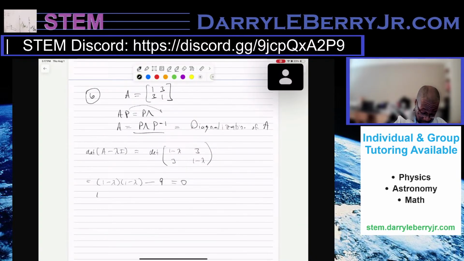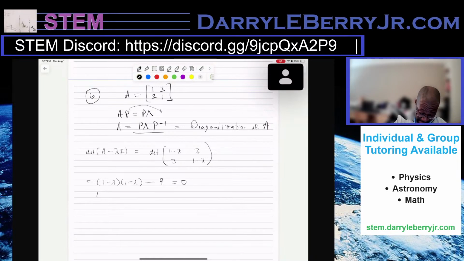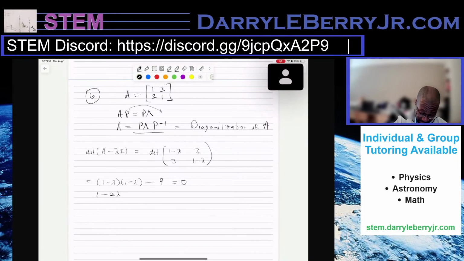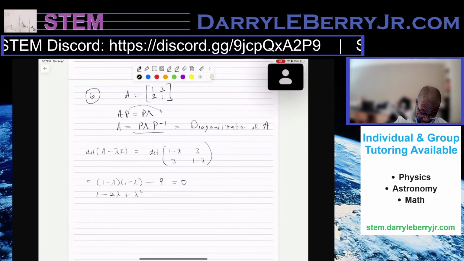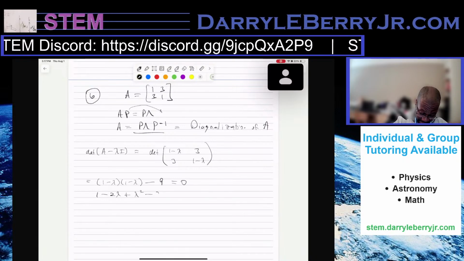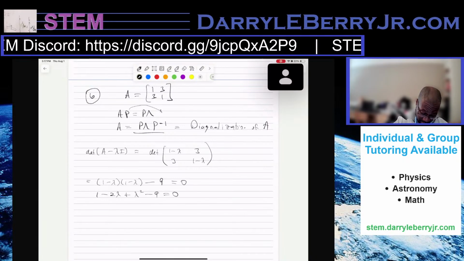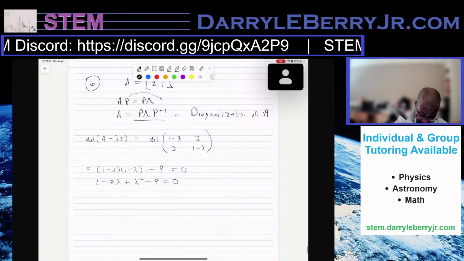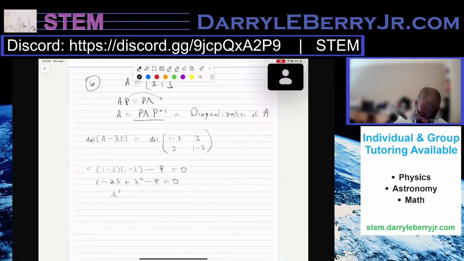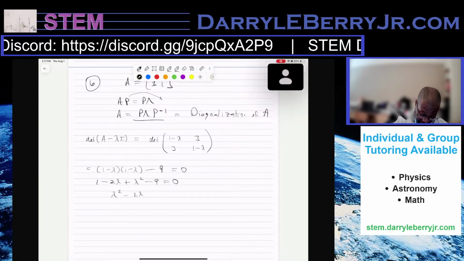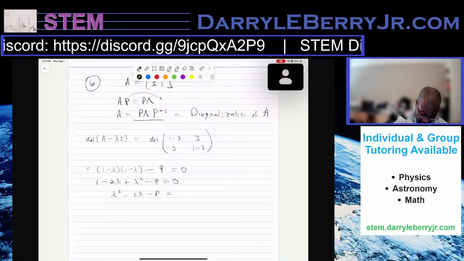So 1 minus 2 lambda plus lambda squared minus 9 equals 0. So that's going to be lambda squared minus 2 lambda minus 8 equals 0.